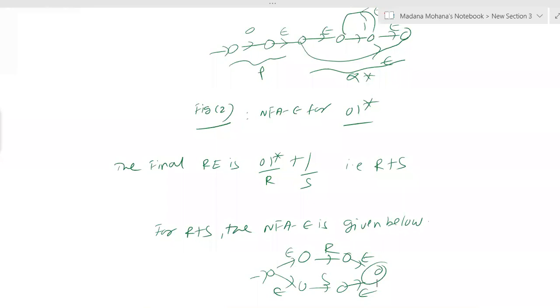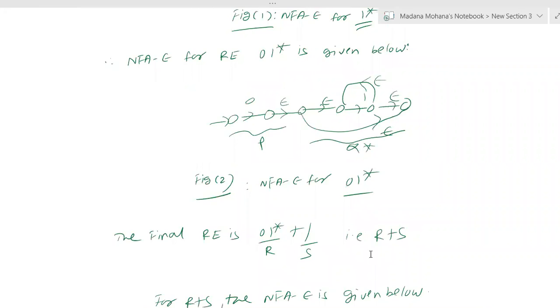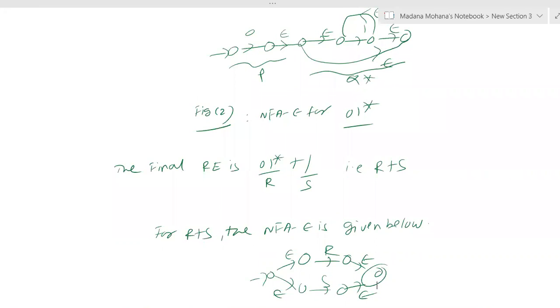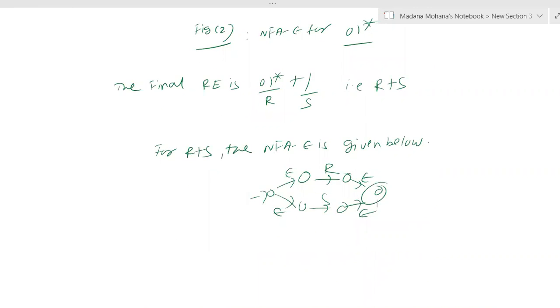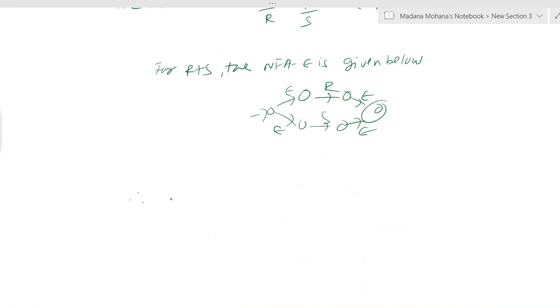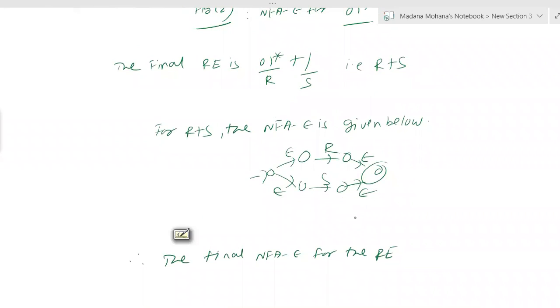Now here what is R? You can substitute the R NFA, the above part. Then S you can substitute it as 1. So therefore the final NFA with epsilon for the regular expression 0, 1 closure plus 1 is shown in the below figure.